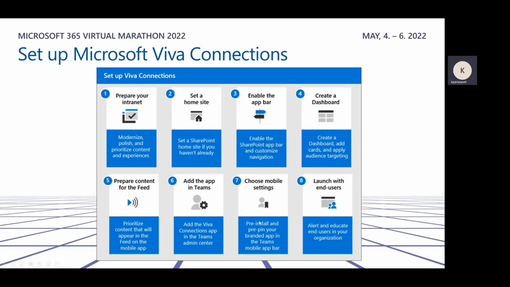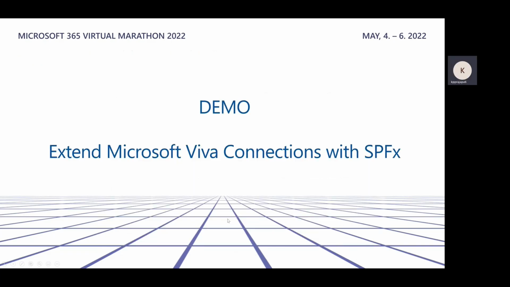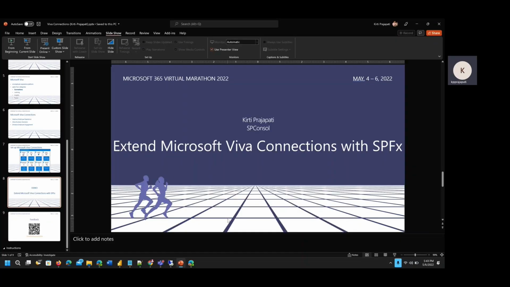These are the 8 steps I'm going to share in the demo, showing how you can set up Viva Connections for Microsoft Teams. So let me jump into this and I'll show you how we can do that.